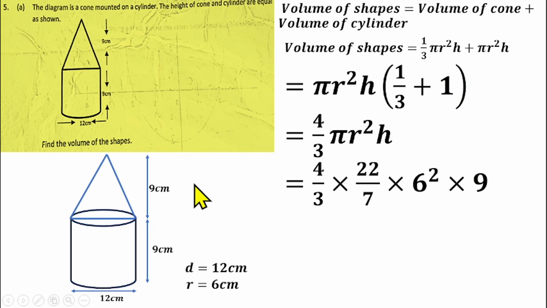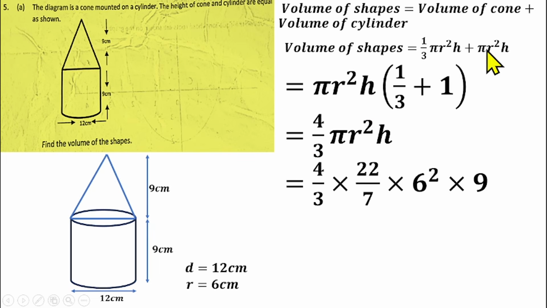But in another question, if their heights are different, that means you are not going to factorize h. You can use capital letter H to represent the height of the cylinder, and small letter h to represent the height of the cone if their heights are different. But as you have been told in the question, their heights are equal.